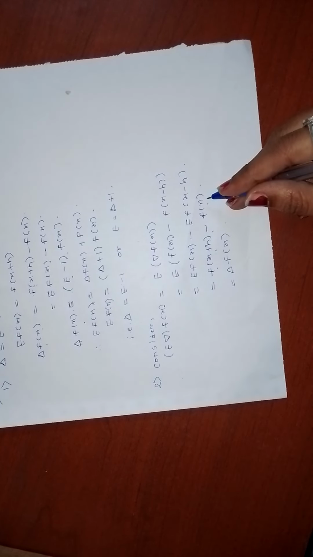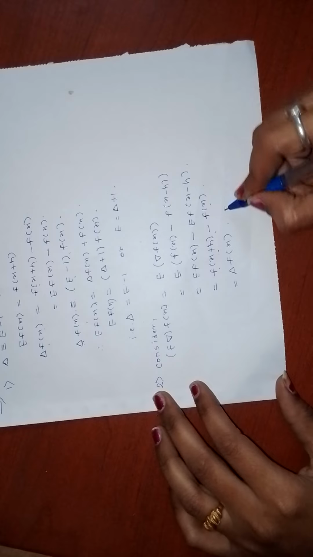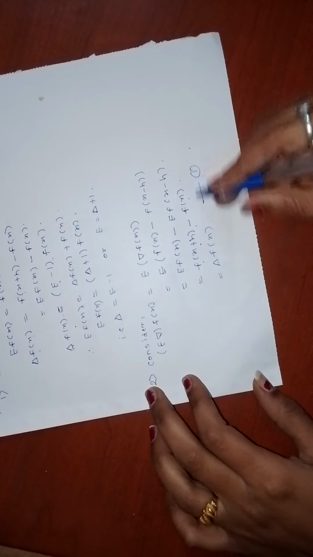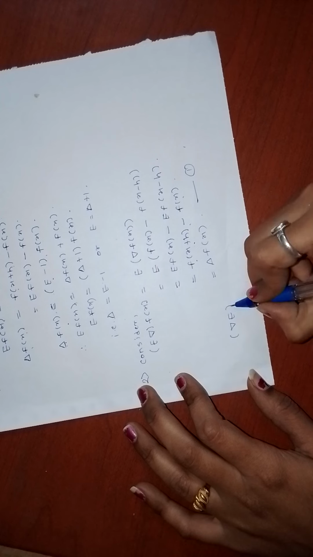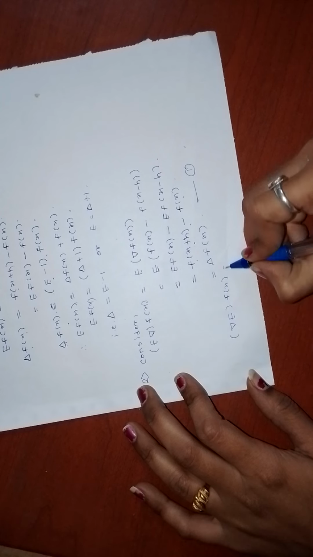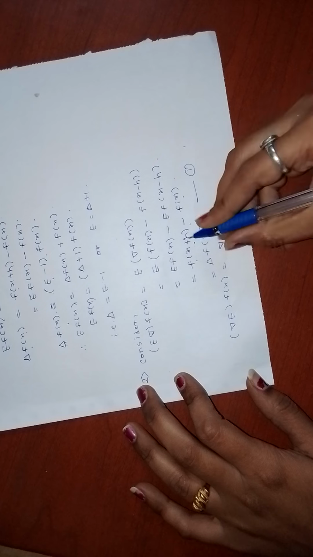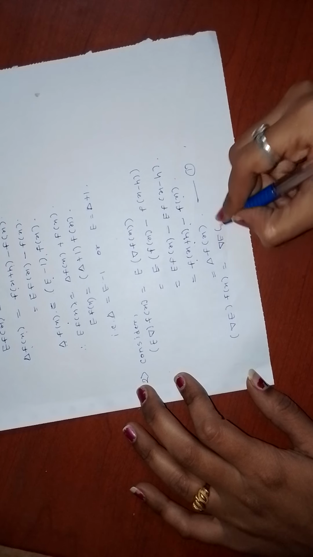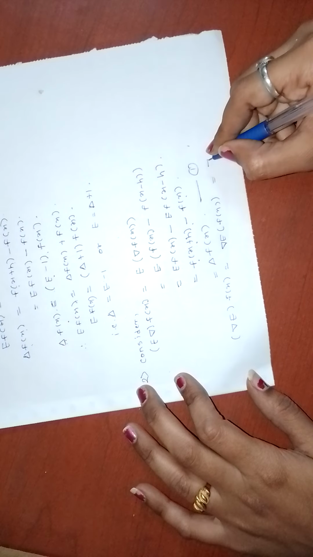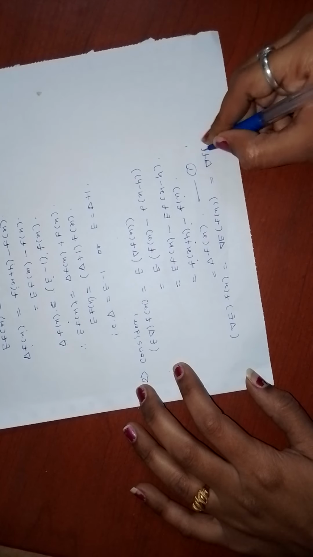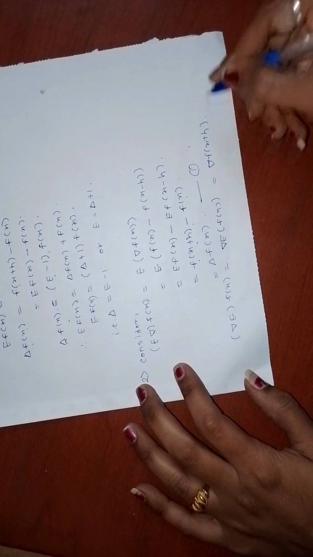This is equation 1, and also we take delta E f of x, where delta E outside f of x, E f of x is f of x plus h.